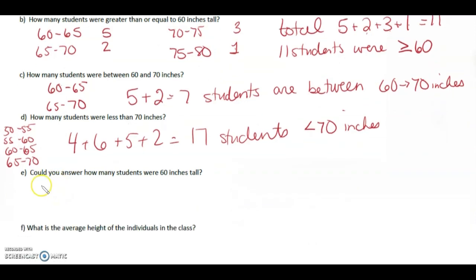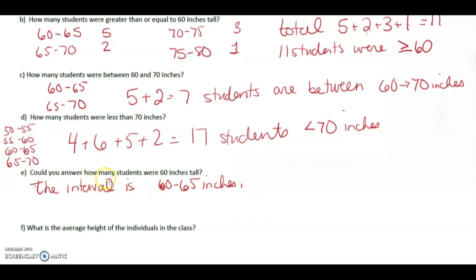Okay, E. Could you answer how many students were 60 inches tall? So the interval is 60 to 65 inches. We don't know how many people were 60 inches, 61 inches, 62, 63, 64, 65, and so on.